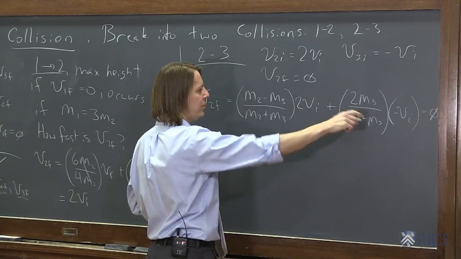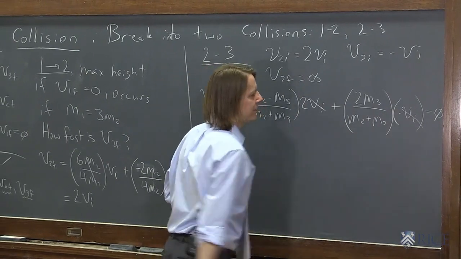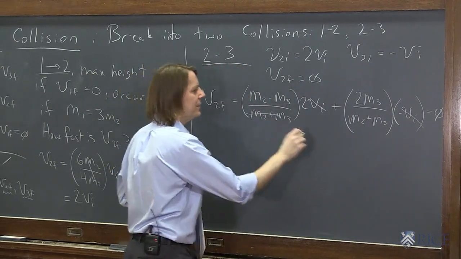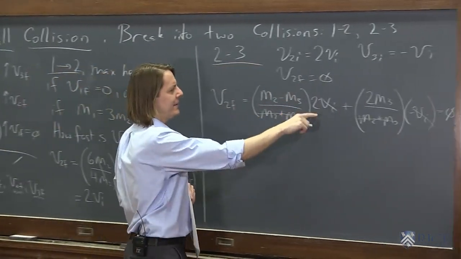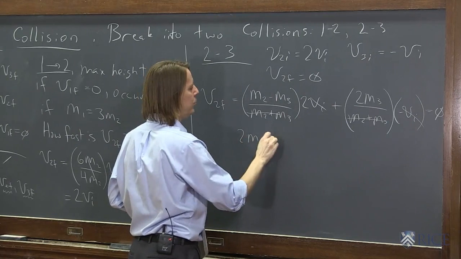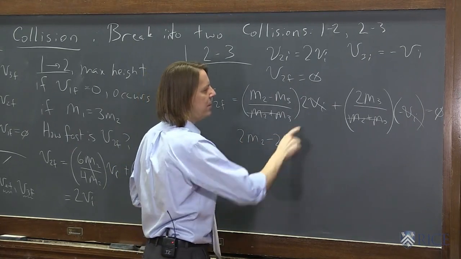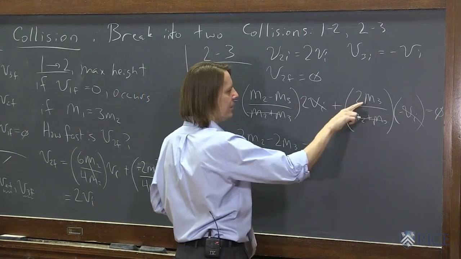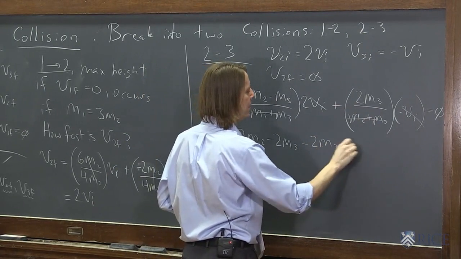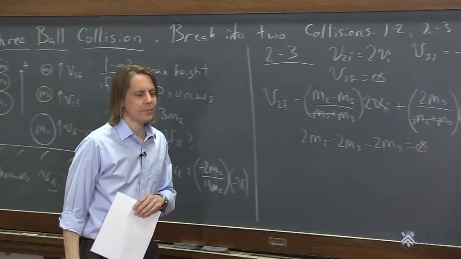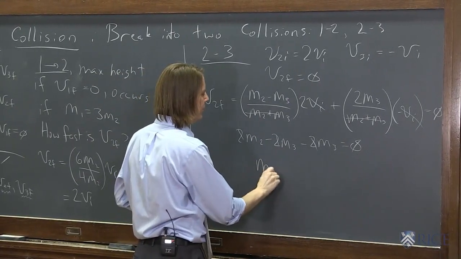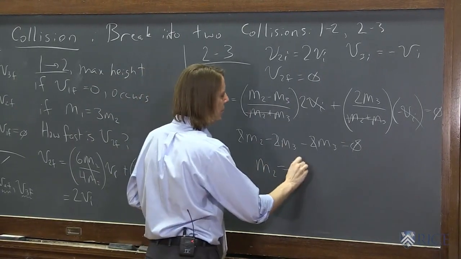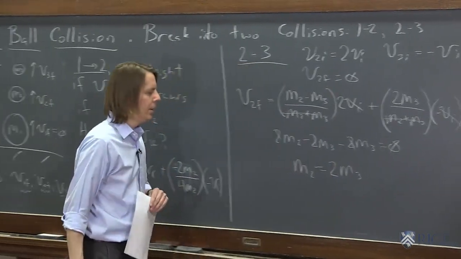Here we go. It's equal to 0, so I can cancel the vi's. I can cancel the common m2 plus m3. And what I get is 2m2 minus 2m3 minus 2m3 has to be equal to 0. The 2's all go away, and you get m2 equals 2 times m3.